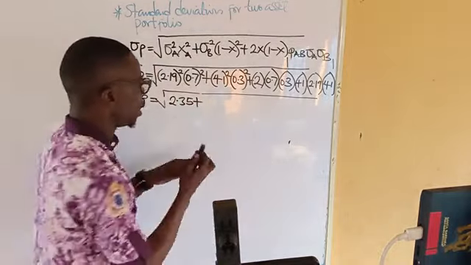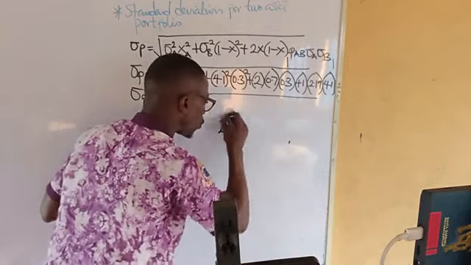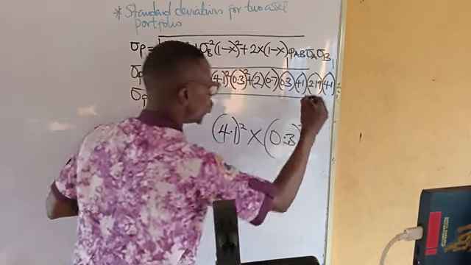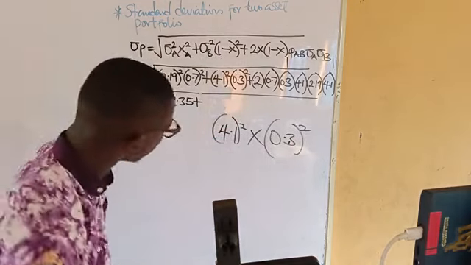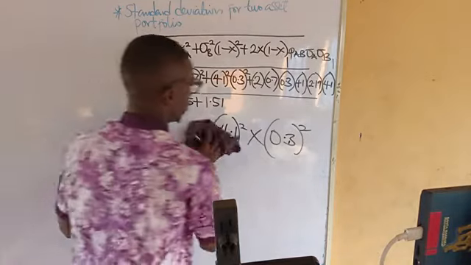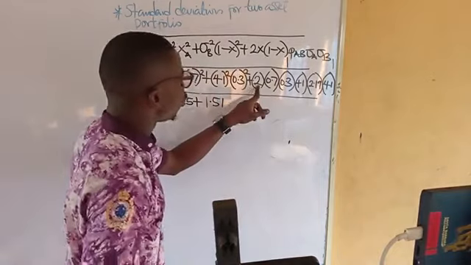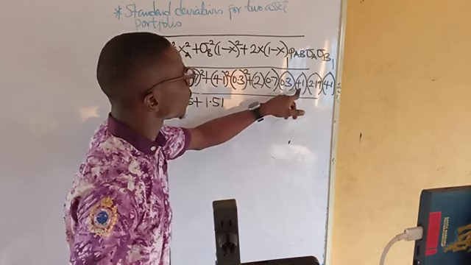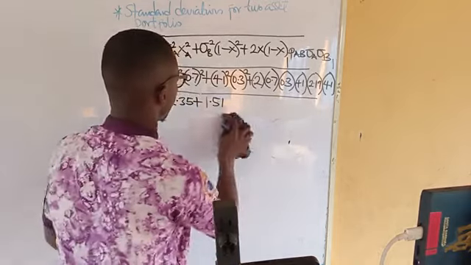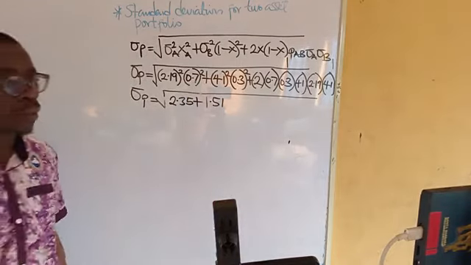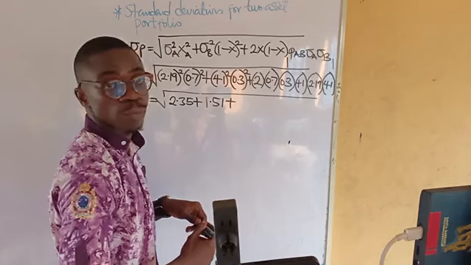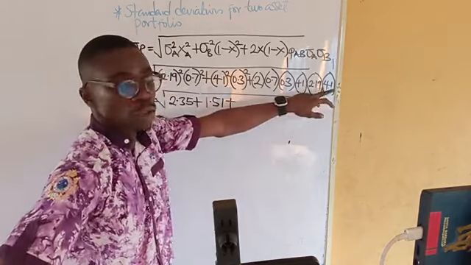There's no minus here now. So 2 times 0.7 times 0.3 times 1 times 2.19 times 4.1.